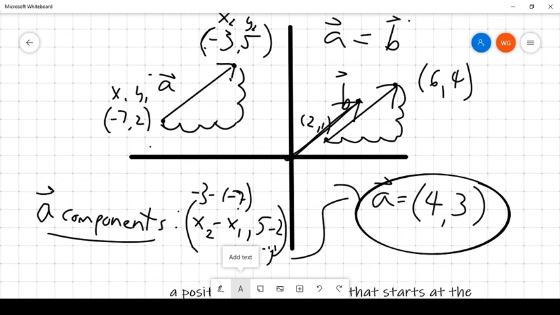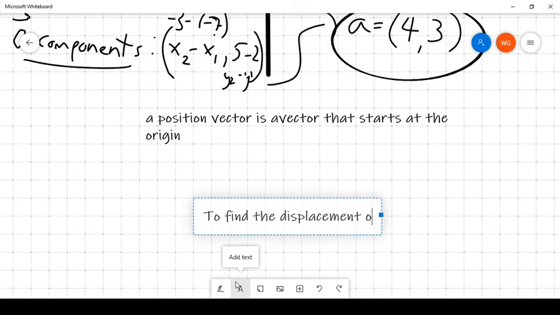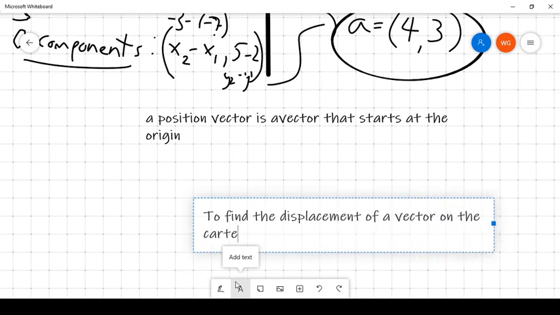So I'll write that down for you right now, actually, just so we can make sure that we are clear on that idea. Because it is an important idea to find the displacement of a vector on the Cartesian plane.